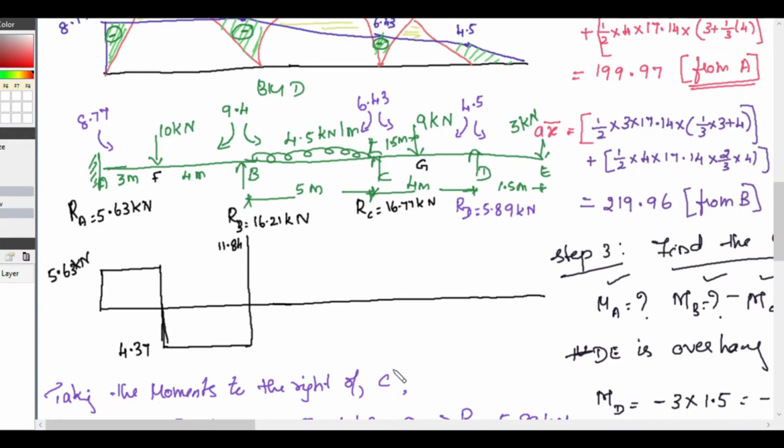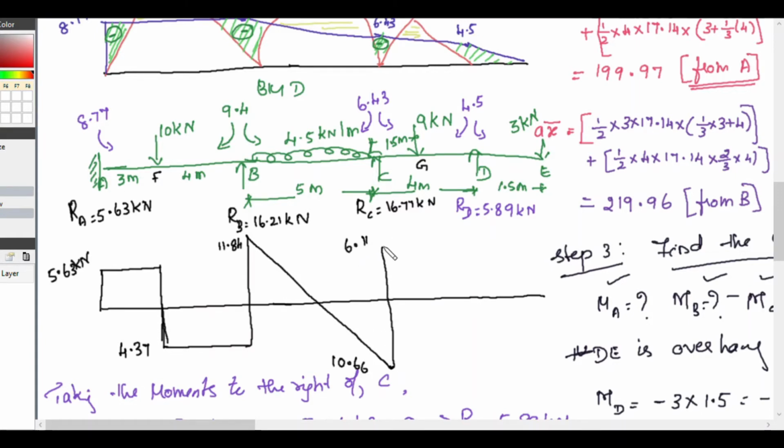So here at C we have minus 10.66. At C we have RC is equal to 16.77. So minus 10.66 plus 16.77 we get 6.11. So at C we have 6.11.